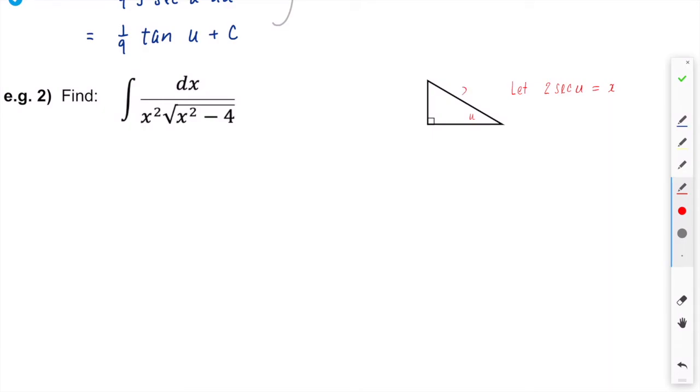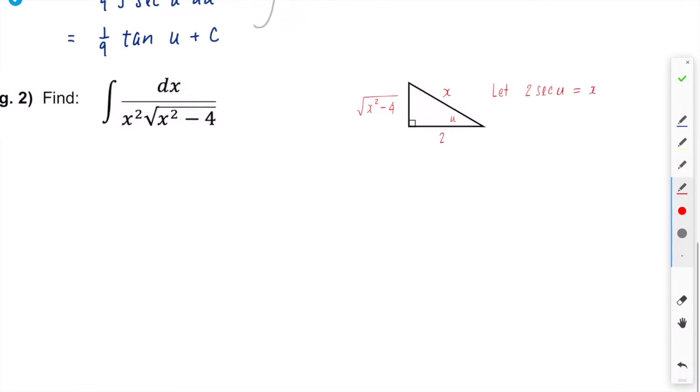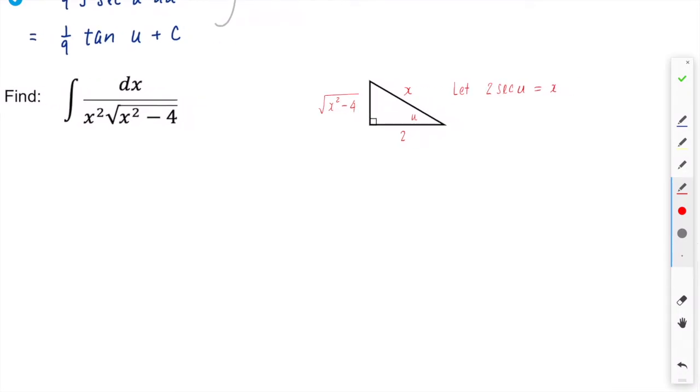So x is hypotenuse, 2 is adjacent, making opposite the square root of x squared minus 2 squared, which is 4. And there is your expression. Okay. Taking the derivative of our last statement, I have 2 secant u tan u du equals dx.